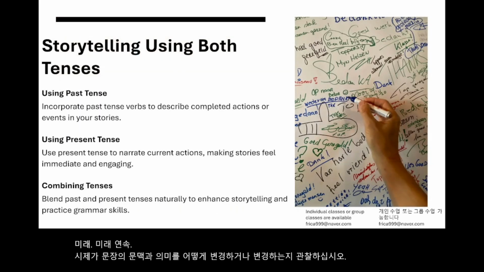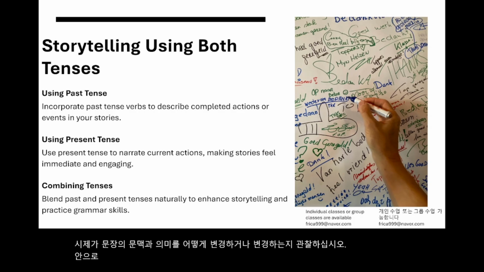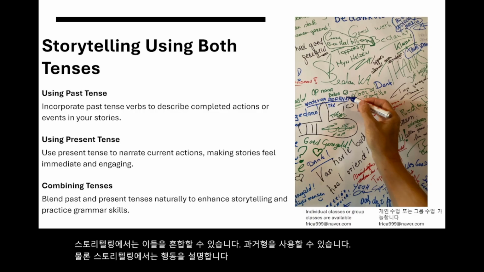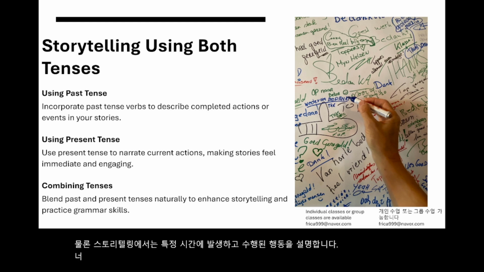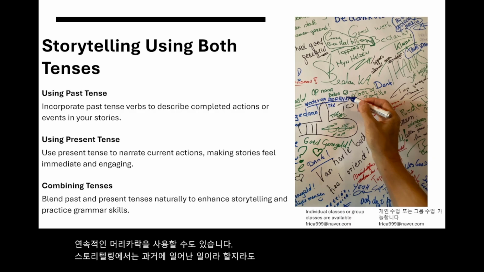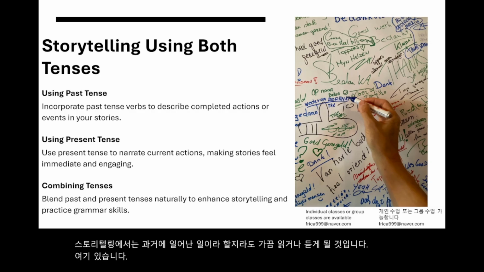In storytelling, you can mix them up. You can use the past tense. Of course, in storytelling, it describes the action that happened at a specific time and is done. You can also use the continuous here. In storytelling, even though it happened in the past, you will sometimes read or hear it being used in the present tense.